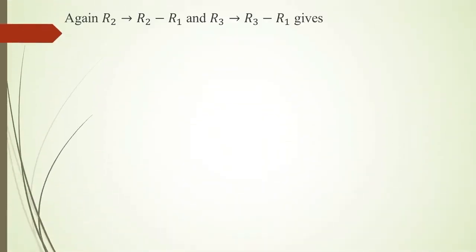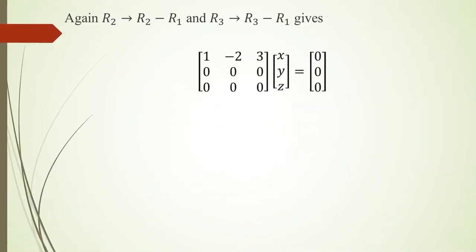So R2 goes to R2 minus R1 and R3 goes to R3 minus R1, so that our system will be this. So actually we have only a single equation, x minus 2y plus 3z equal to 0.